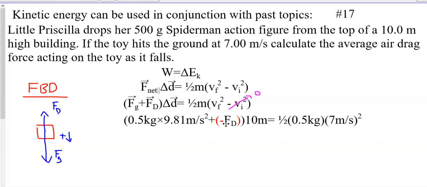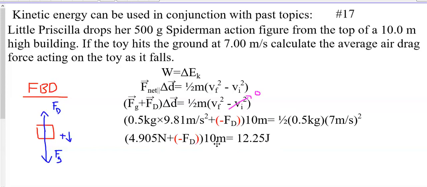Again, I took the vector notation out of my drag, and therefore it's negative. I'll just leave that as red to really highlight it. So if you simplify your math a little bit, Spider-Man has a weight of roughly 4.9 newtons. It's going to travel 10 meters down. When it hits the ground, it'll have a final kinetic energy of 12.25 joules.